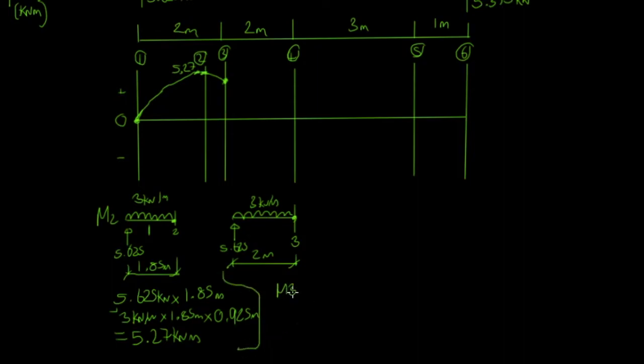So if we write out our equation for, let's just box all that off, we go from 3 is 5.625 times 2 meters, take away 3 kilonewtons per meter times 2 meters times 1 meter, because that's a lever arm from the centroid of the line load. Punch that into our calculator.